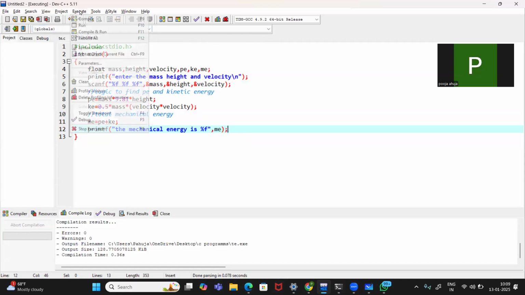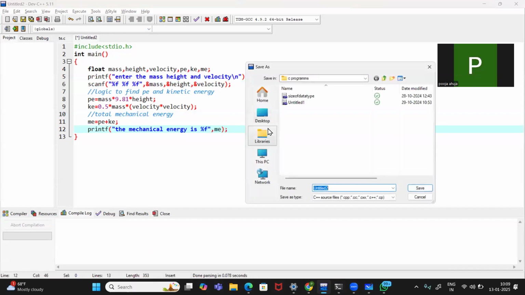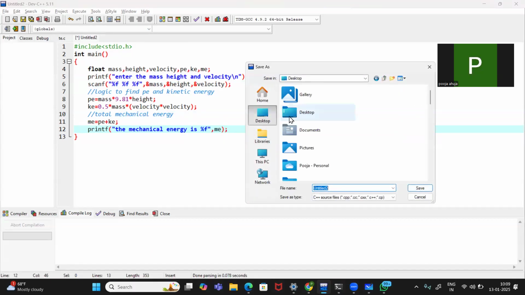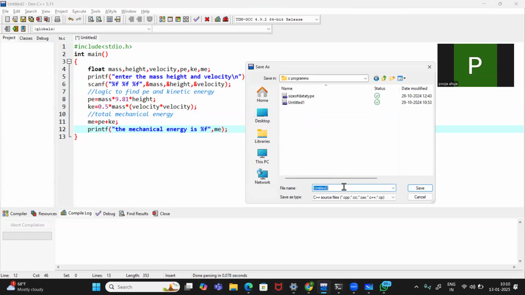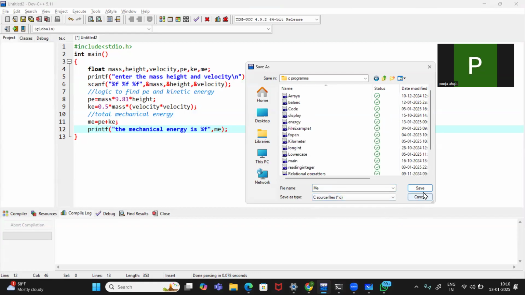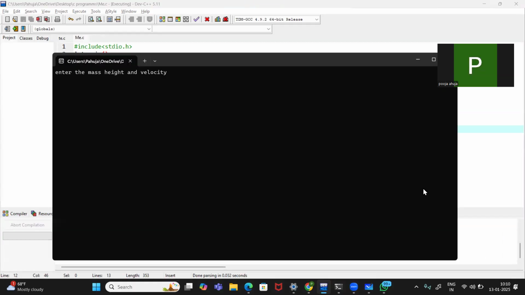Now we'll run this program and check whether it is executing properly. So first I'll save the program with the .c extension. So it's running with zero error, zero warning.